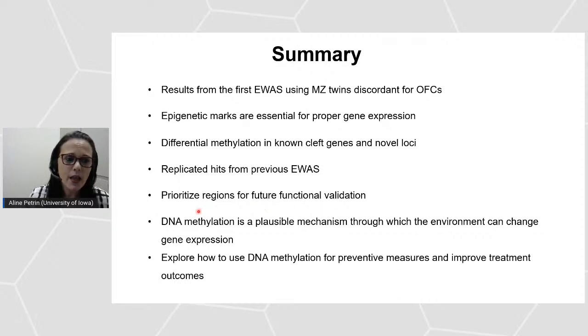These studies help us prioritize regions for functional validation and show us that methylation is a plausible mechanism by which environment can change gene expression. And it also gives us the possibility to develop epigenetic biomarkers to help prevent or even improve treatment outcomes in clefting.